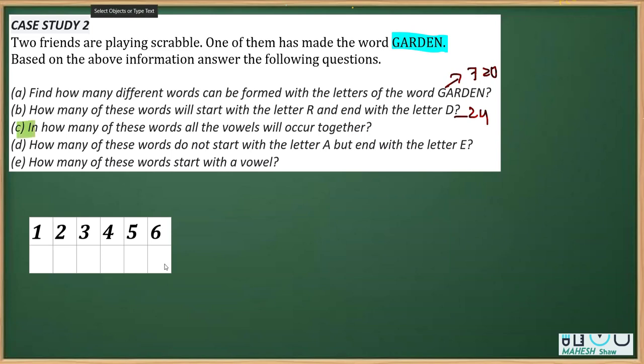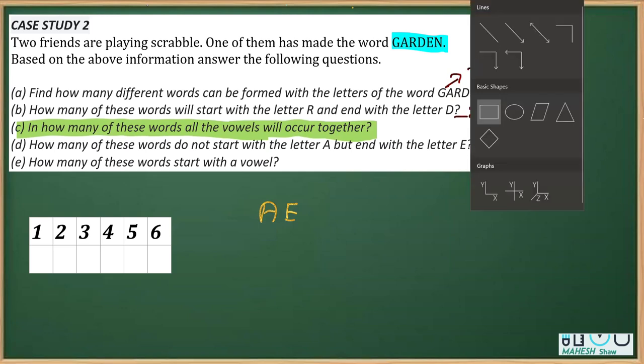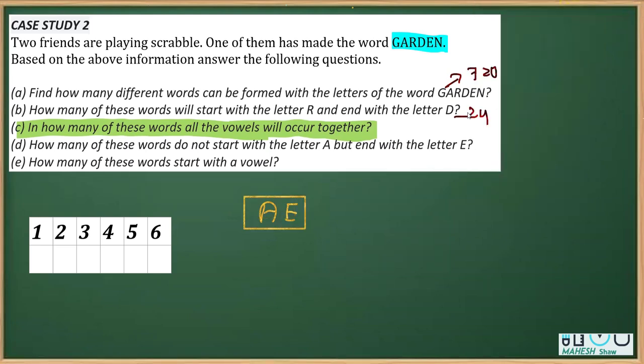In the next part, it says how many of these words will have all vowels together. You can figure out that we have 2 vowels here, that is A and E. So they have to be together. That means we have to fix them as a single object. Now, besides this A and E, how many more letters?